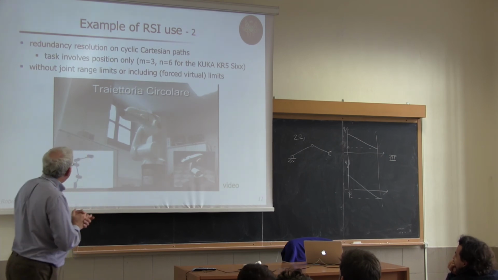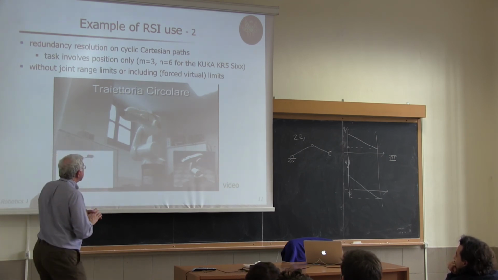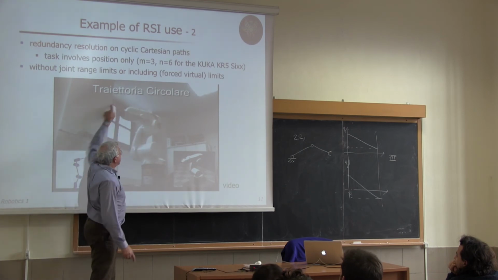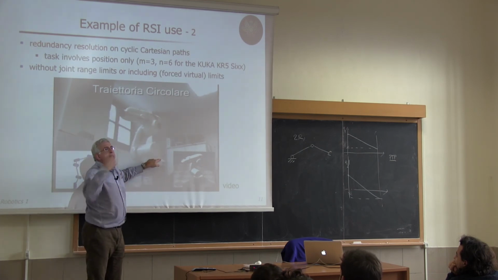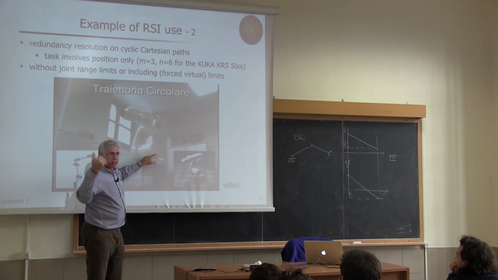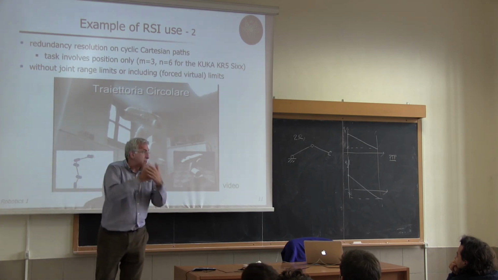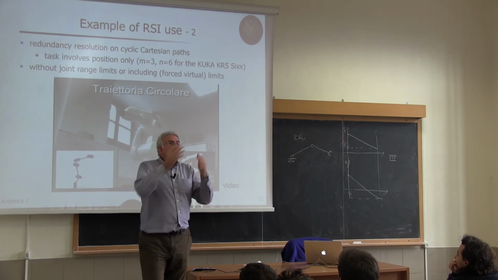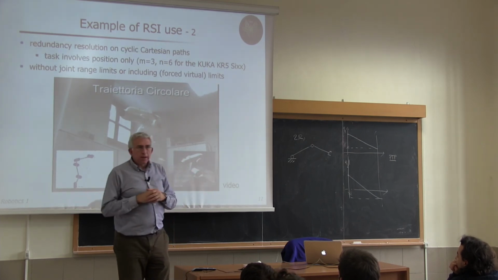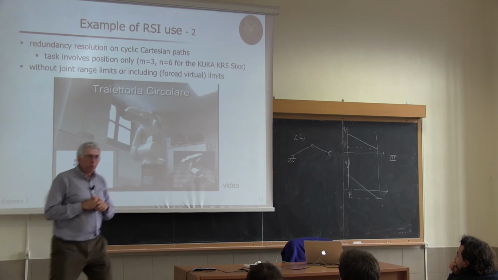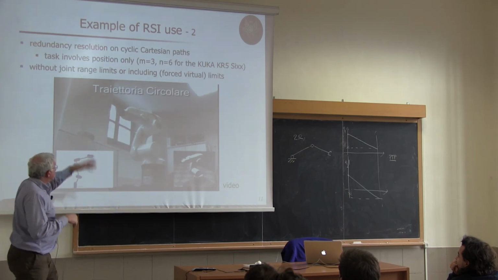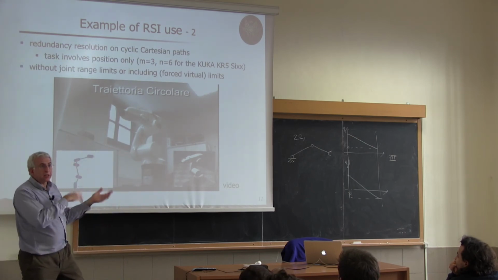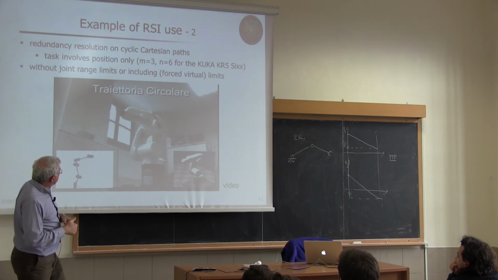So the robot is programmed to do a circular path in the Cartesian space, but then it hits this virtual surface and needs to modify its motion so that it doesn't penetrate this virtual surface until it is able to recover with the original motion.